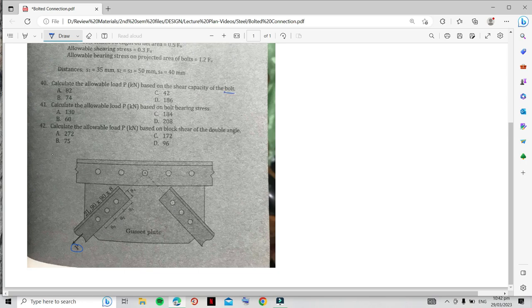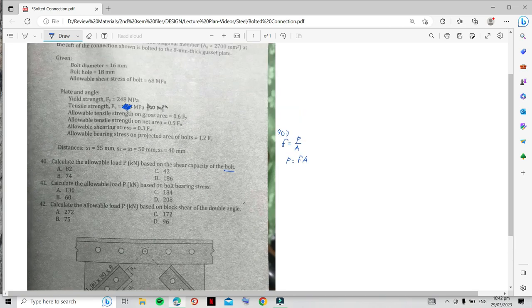Basically, we know that stress, denoted F, is equal to force over area. So when we solve for force, force is equal to stress times the area. What is the stress and the area? The stress is given by the parameters here, which is 68 MPa, which is Newton over millimeter squared.